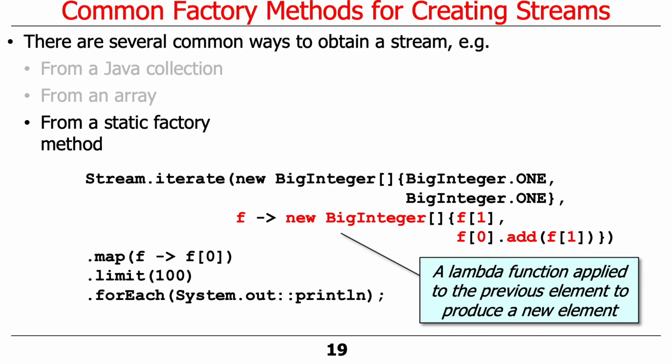It has 2 elements, where the first element is the Fibonacci value that's in location 1. Remember, arrays in Java start at 0, so this is the second element. We're going to have the second element as the first element in this new BigInteger array. And then we're going to take f1 and add it to f sub 0. So f sub 1 is added to f sub 0.